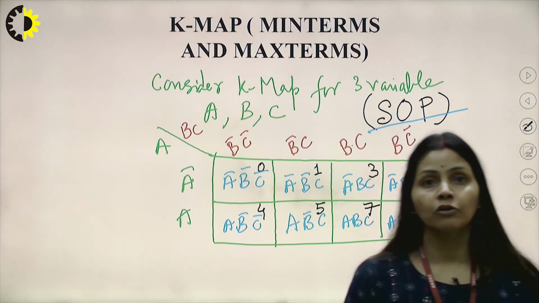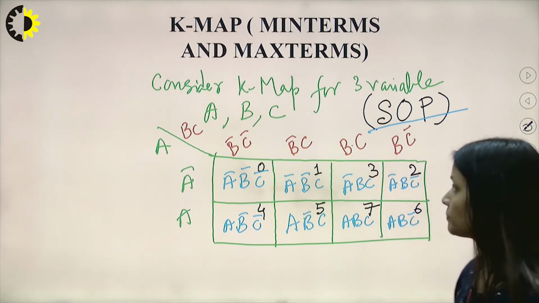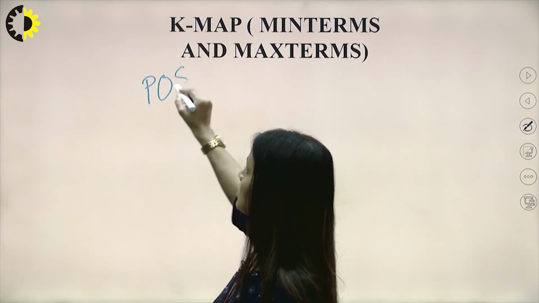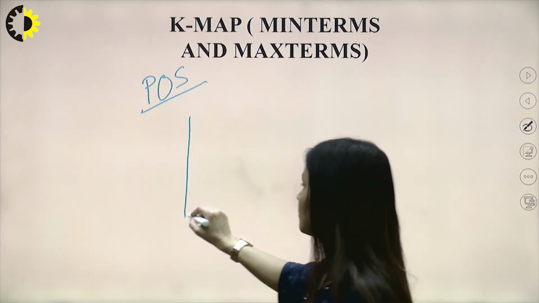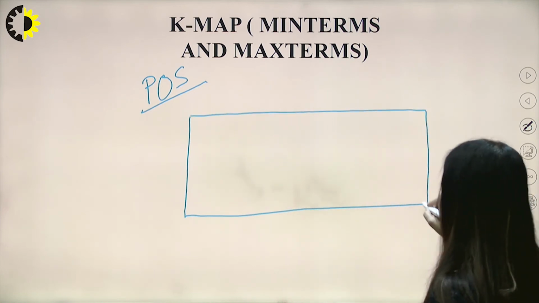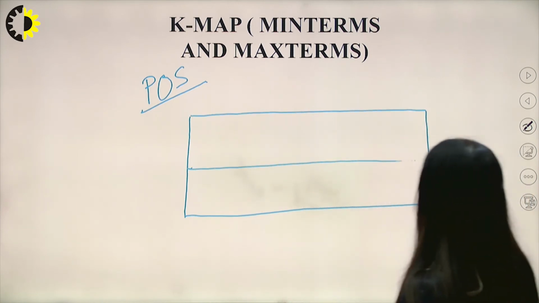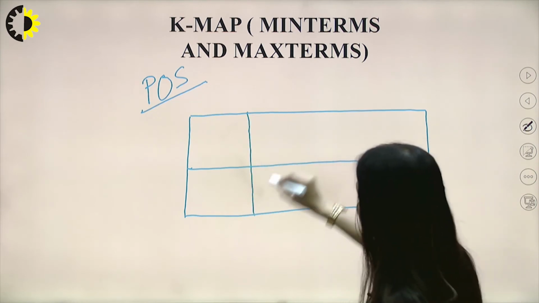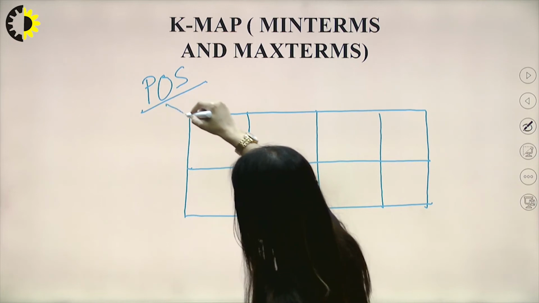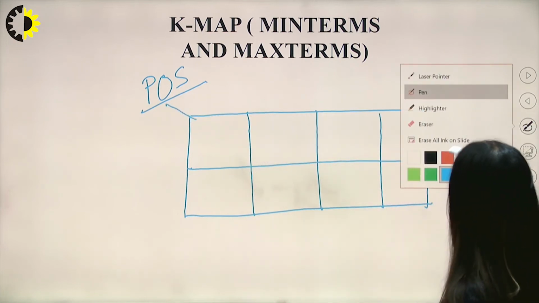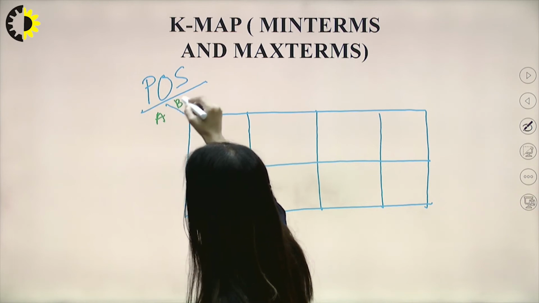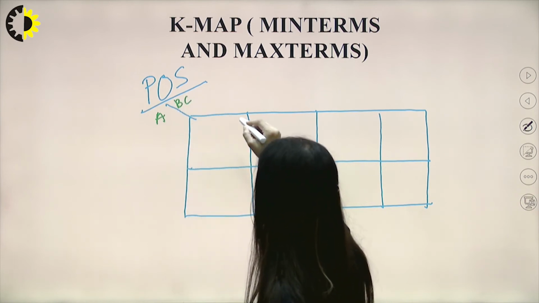Similarly, I can draw this for POS. Let us draw the POS table for the POS K-map. Putting my variable A. Writing the count.